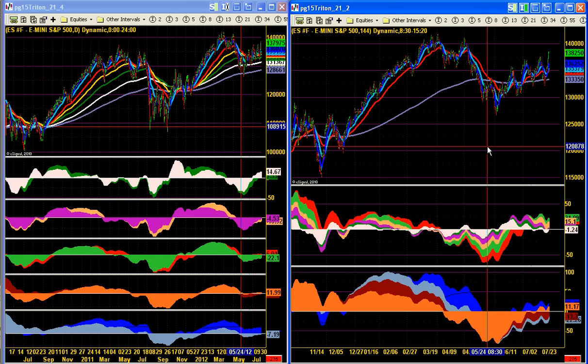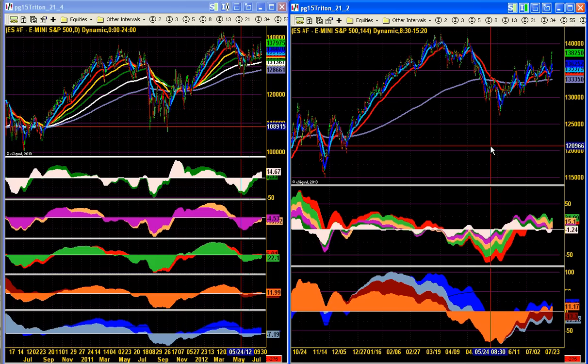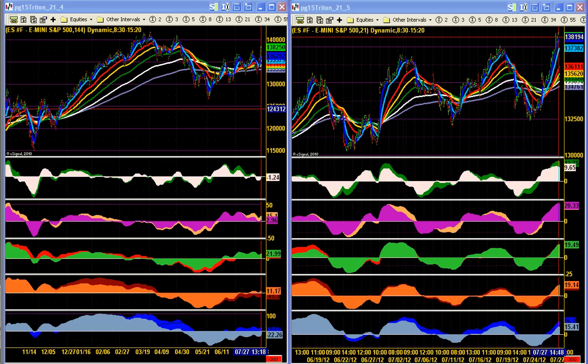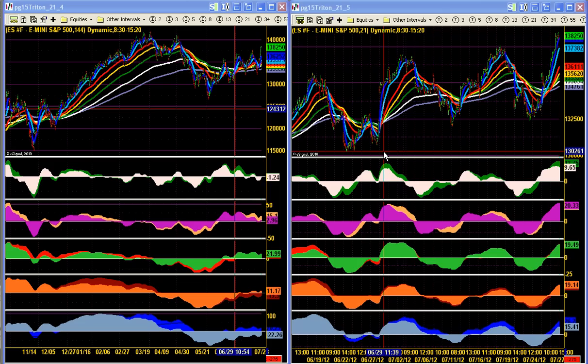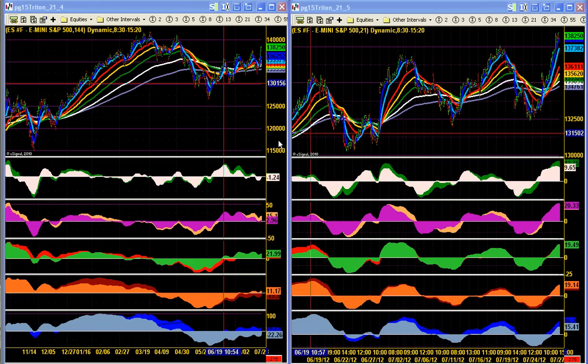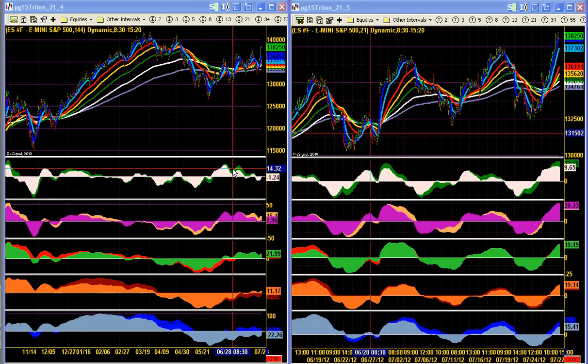Whether it can continue higher or whether it's just going to roll over is something we'll have to wait and see. If we switch over to the comparison in the two charts between the 144 cash and the 21-minute cash, you can see the higher highs and the lower highs on T1.